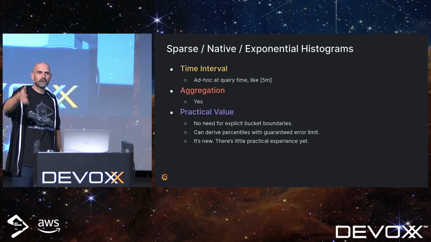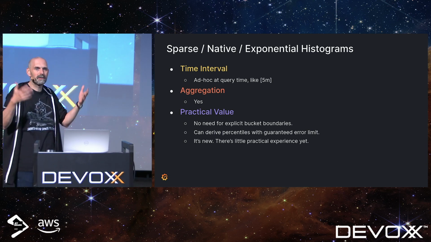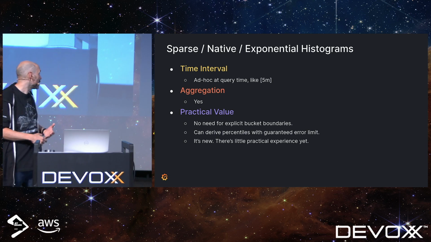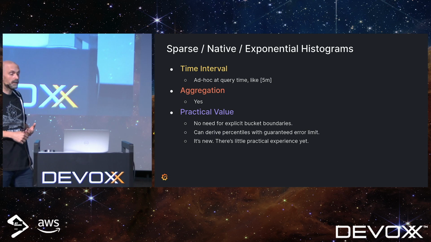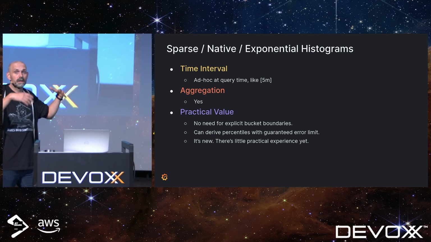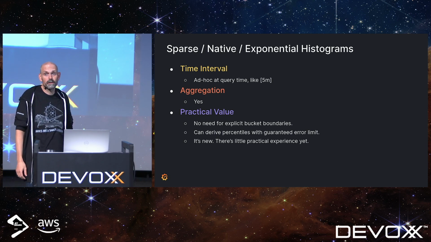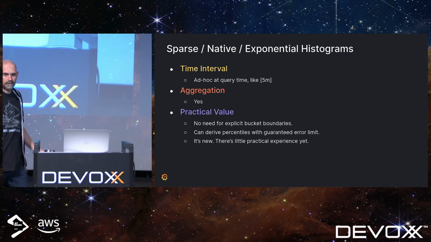You can just throw these things in without having any prior knowledge of how your service behaves, and you can just use them. And also, if you have a good enough resolution, a good enough scale, you can derive relatively precise percentiles out of these histograms. So what's the drawback? There might be none, so I don't know.